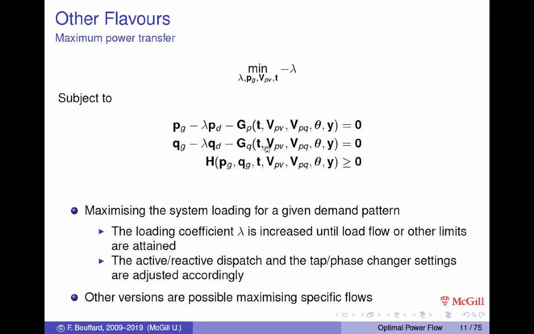And obviously here you have different other versions that you could put together, including maximizing a specific flow. So for example, these kinds of problems are used to calculate in practice what we call available transmission capacity calculations.